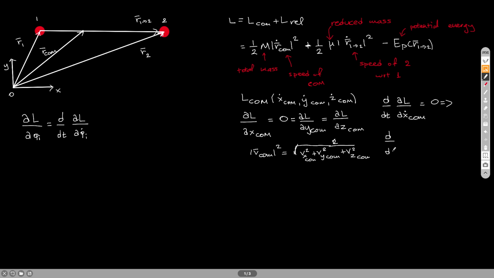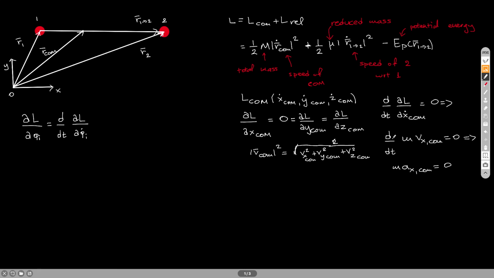So d over dt of the partial of L with respect to vx of the center of mass will give me M vx of the center of mass, and that should be 0. And then this will give me M Ax of the center of mass is 0.